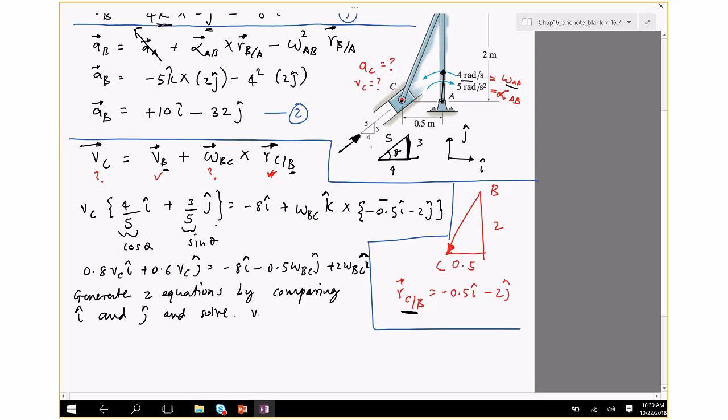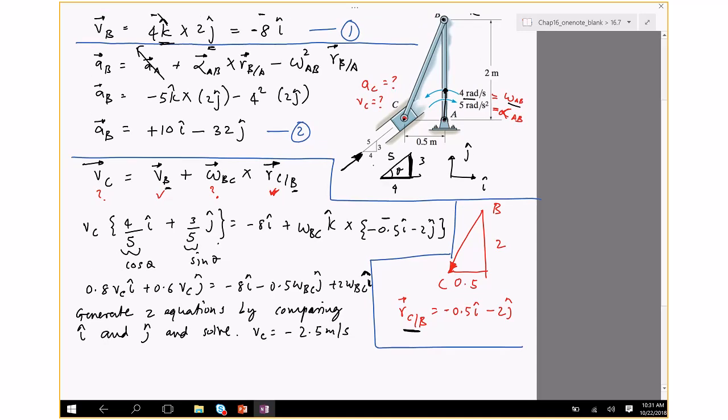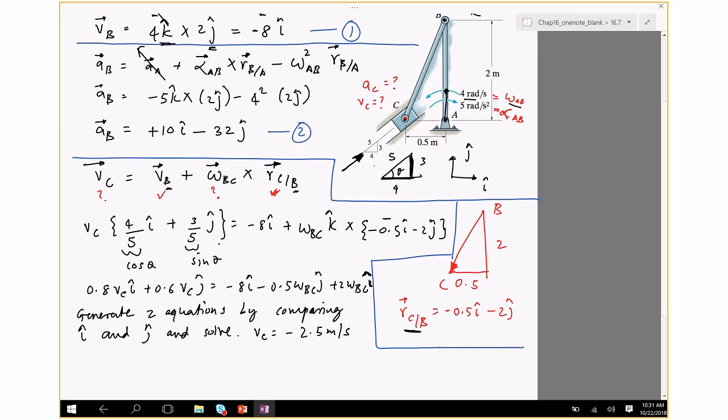So solving gives me VC equals minus 2.5, and the minus comes only because I assumed the velocity of C is upwards, but it's actually downwards, which makes sense because the link AB is going counterclockwise. The angular speed is 4, so counterclockwise, so C is going to go down.